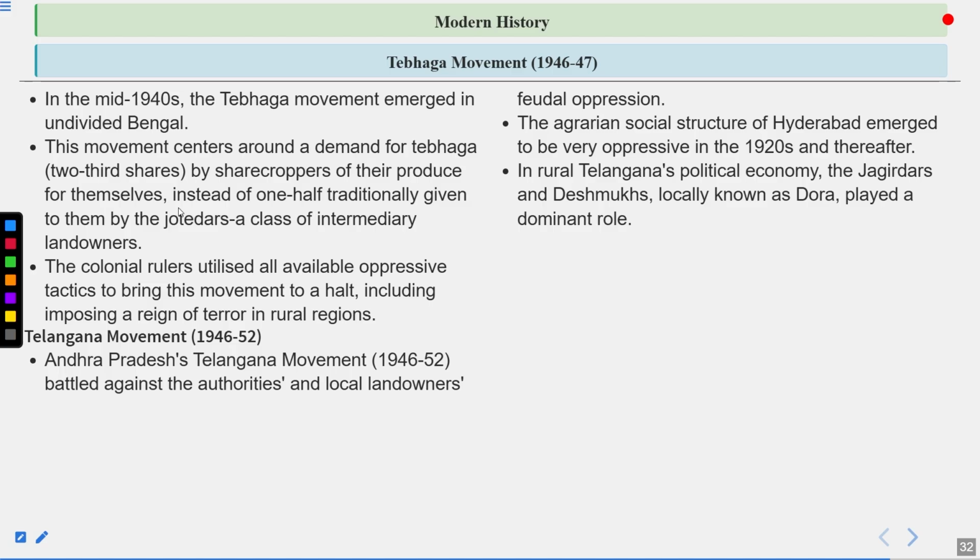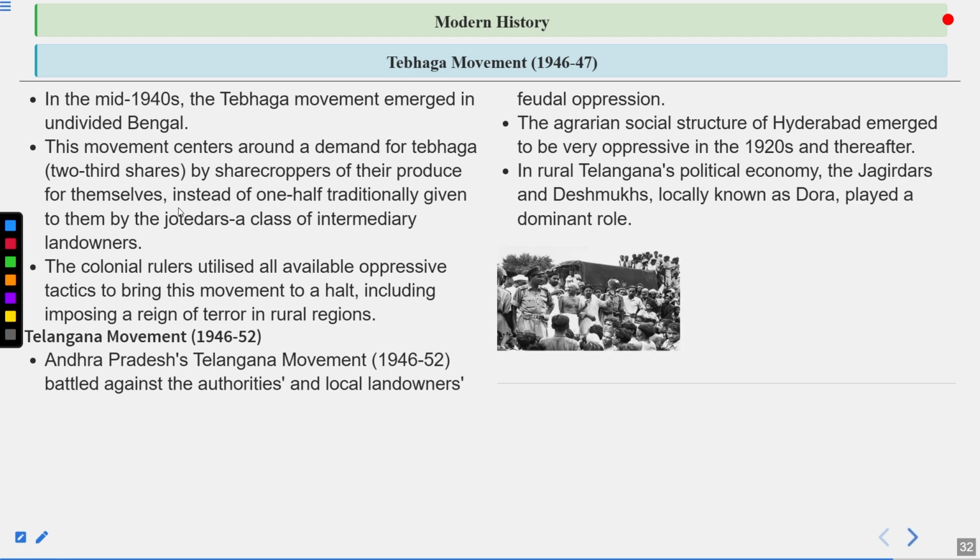In rural Telangana's political economy, the Jagirdars and Deshmukhs, locally known as Dora, played a dominant role. So this was against a particular type of people who were taking control of these areas, the Jagirdars and the Deshmukhs. And this was the Telangana movement. Remember the years especially of all these movements, because that would be asked directly in the exams.